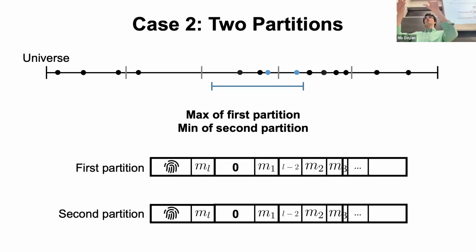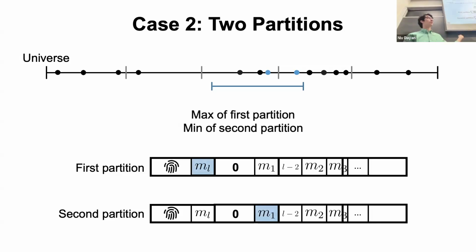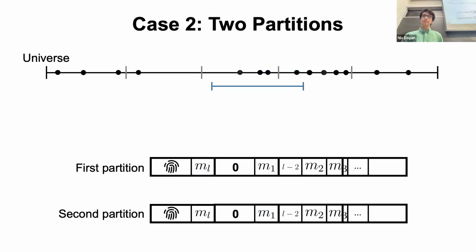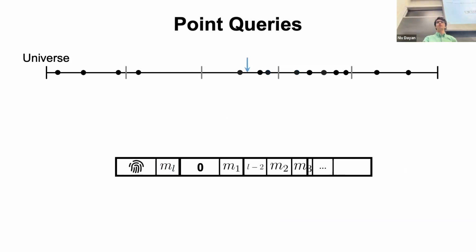So if those guys aren't in the range, then you're good. Otherwise, it's a problem. If those guys aren't in the range, your answer is a negative, and if they are, the answer is a positive. And the only thing you need to do to check these guys is to check the maximum memento near the fingerprint in the first keepsake box and the minimum memento near the 0 fingerprint in the second. You don't need to do any binary searches anymore. Okay. So yeah, that's for range queries.